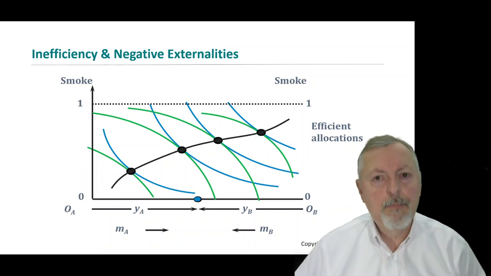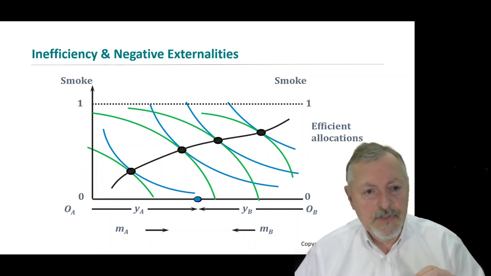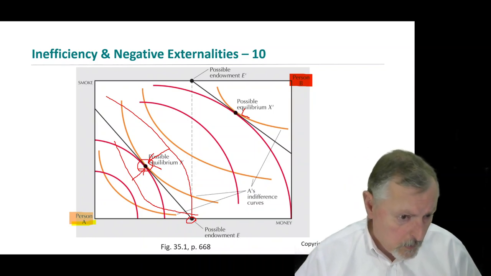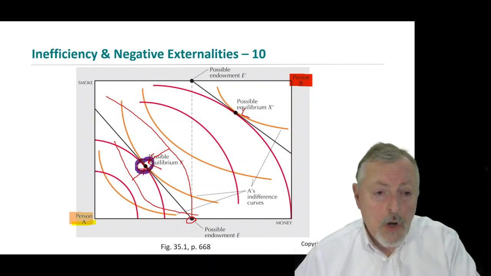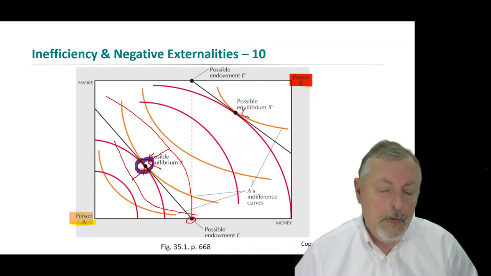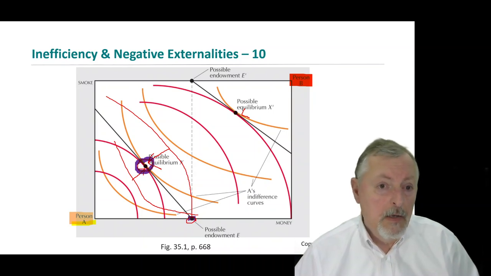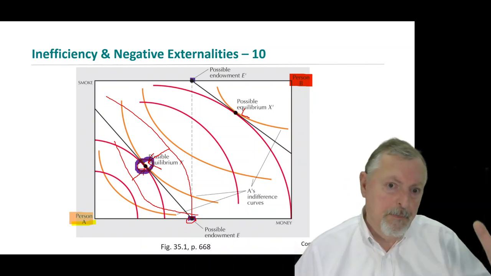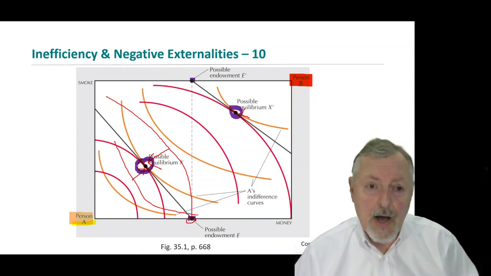Now, if you plot all of these efficient results, let's see, this is one result that is Pareto optimal, the most efficient result, given this initial endowment. Given the opposite initial endowment, that is the most efficient outcome, Pareto optimal.